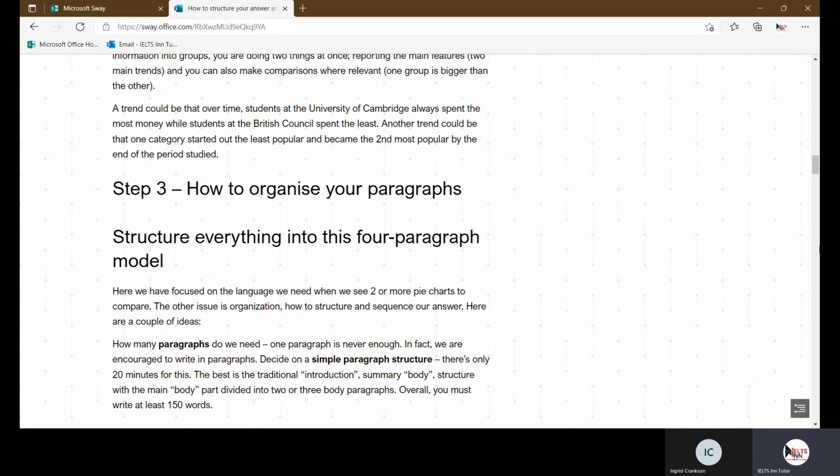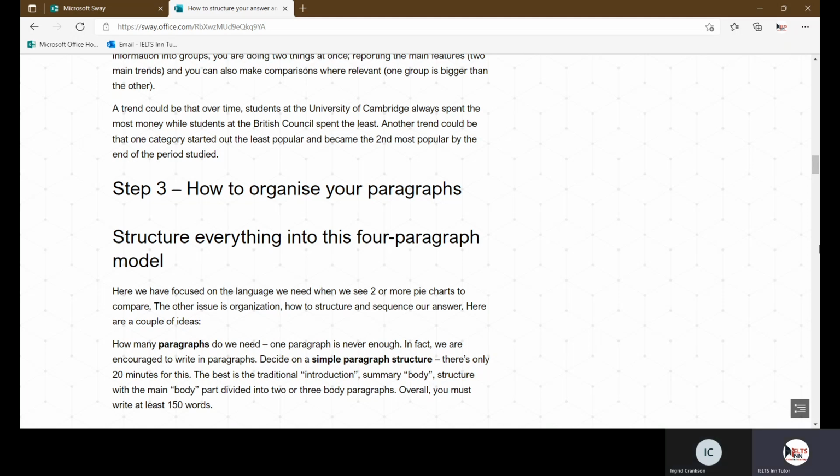Then the second paragraph will be what? Your overall statement, or the overview, right? So what are we supposed to do in the overview? You have to say the general differences and the similarities.